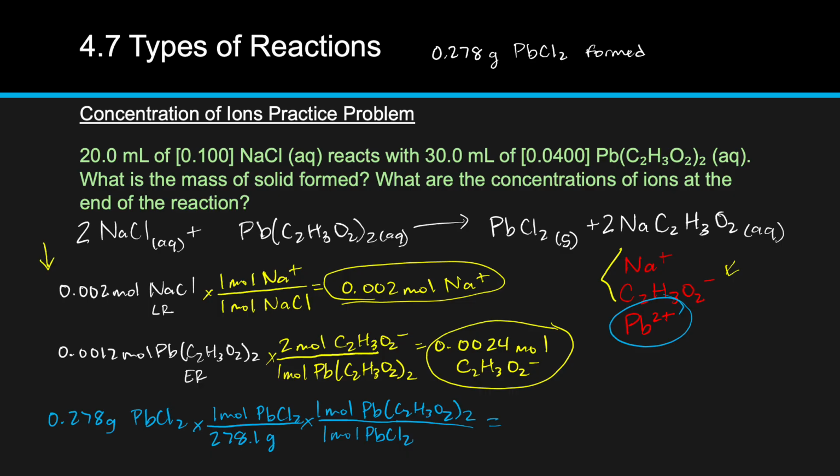So now we're back in moles of lead acetate. So we can do 0.278 divided by 278.1. That's going to give us 0.001 essentially moles of PbC2H3O2 used.